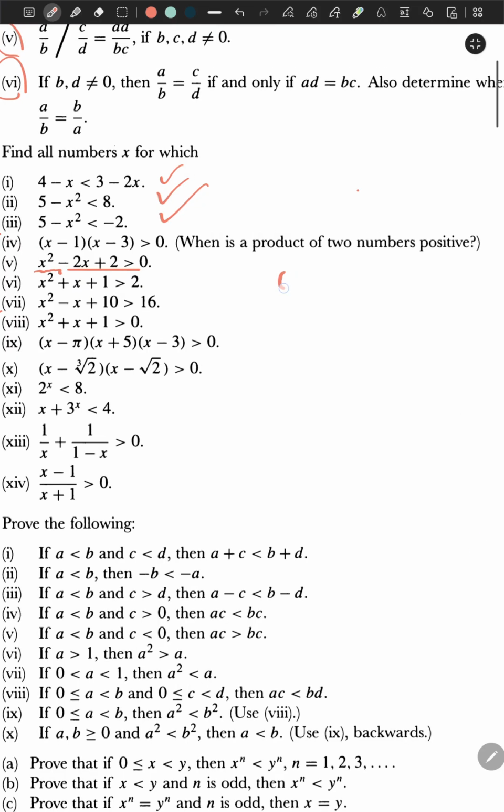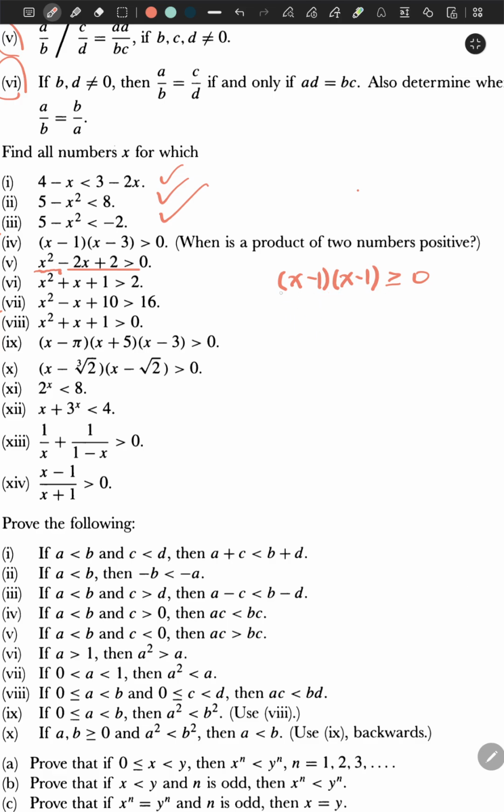We have this expression, (x minus 1) times (x minus 1). This is always greater than or equal to 0. The reason being that suppose this is positive, right? Then obviously by closure, this whole thing is positive.